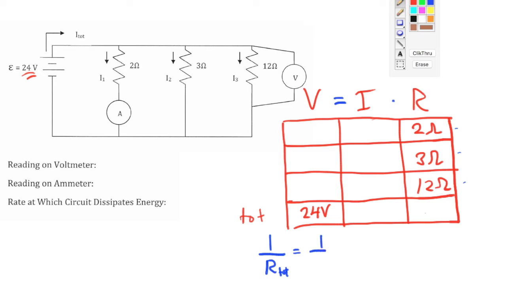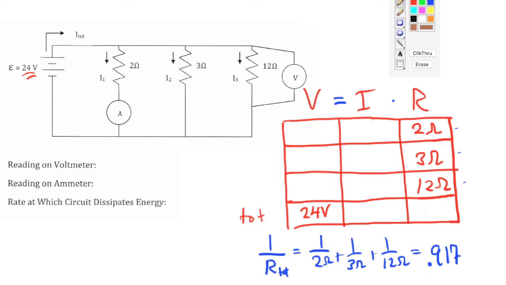If I take 1 over 2 ohms plus 1 over 3 ohms plus 1 over 12 ohms, I need to type in my calculator 1 over 2 plus 1 over 3 plus 1 over 12, and it's going to be a little bit unusual.